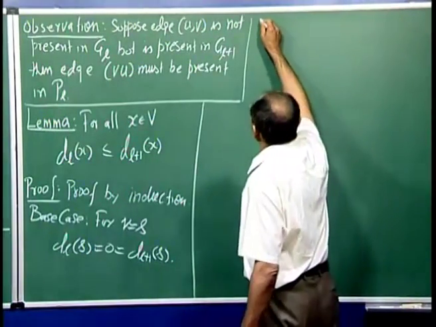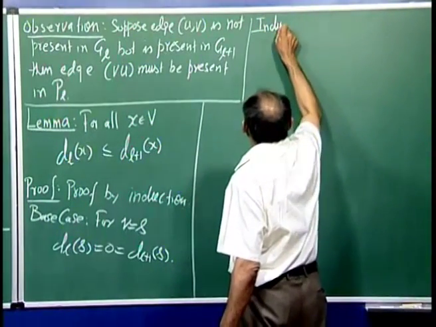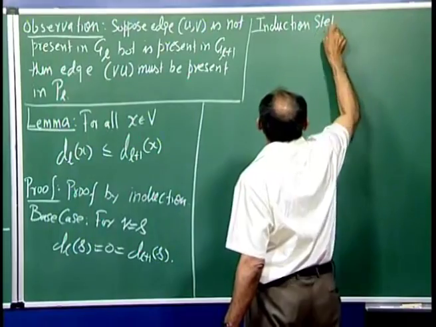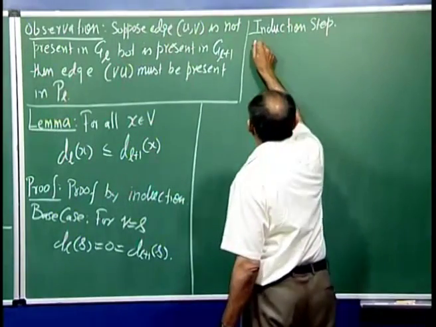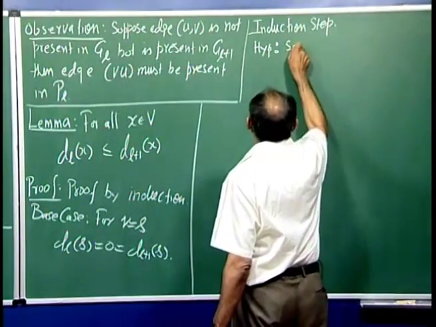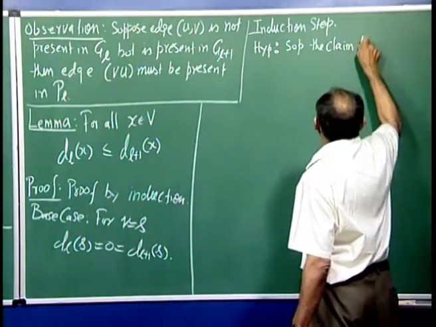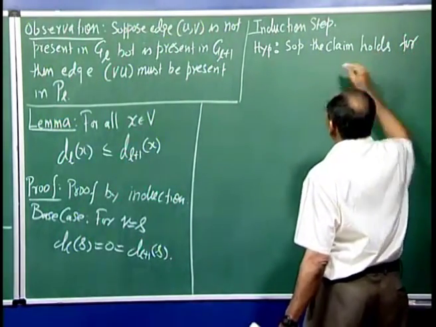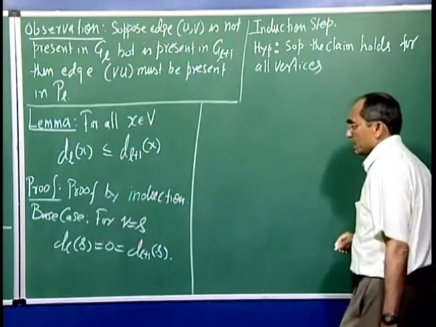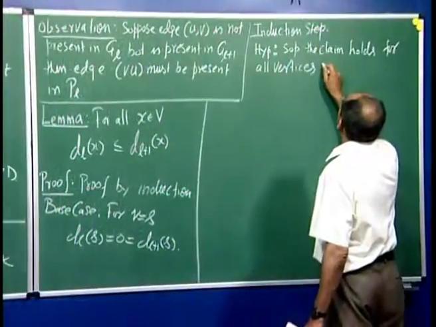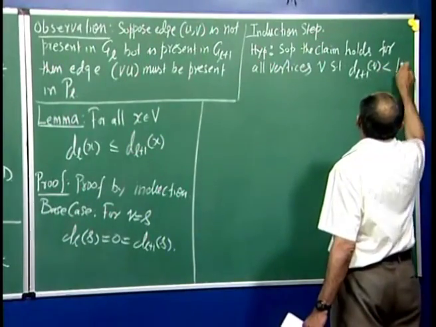Now we take the induction step. From the induction hypothesis, suppose the claim holds for all vertices V such that dl plus 1 of V is less than k.